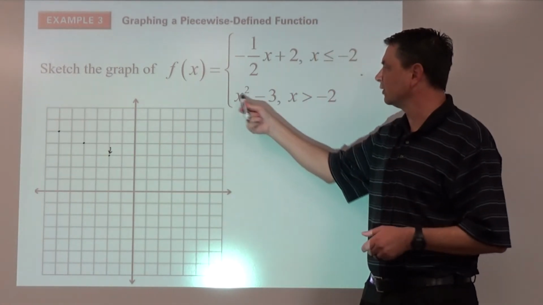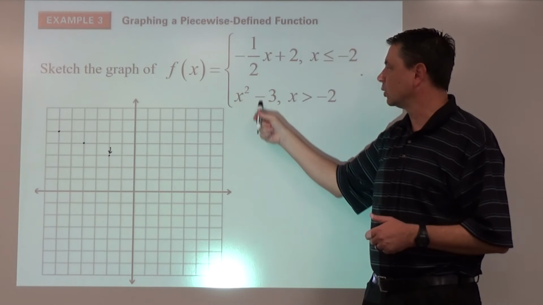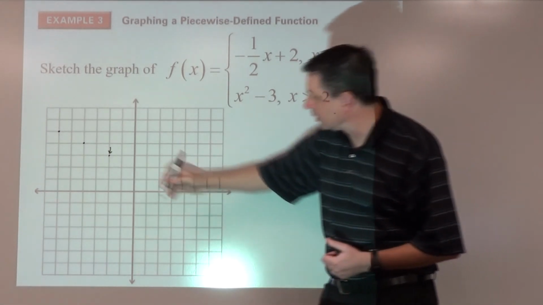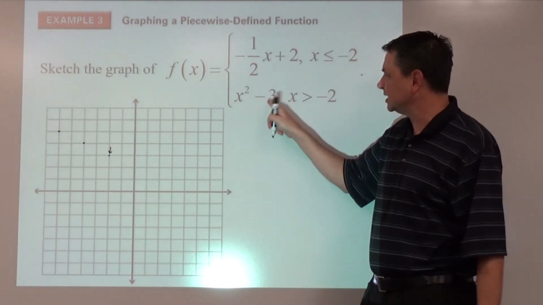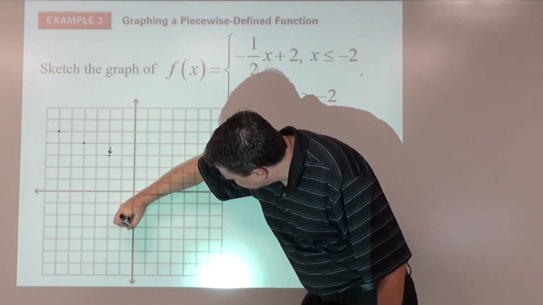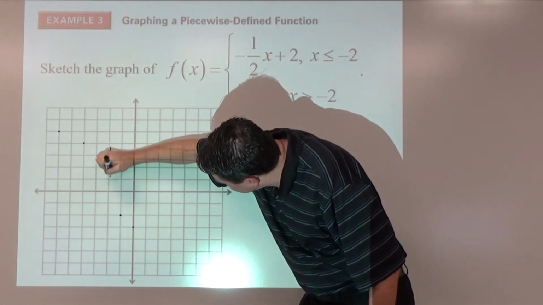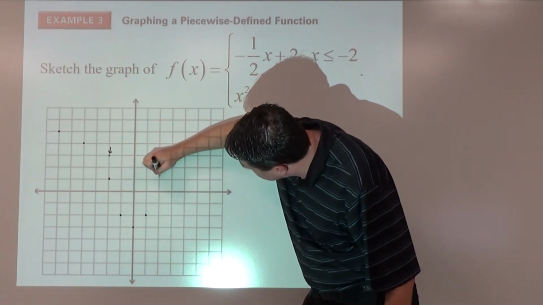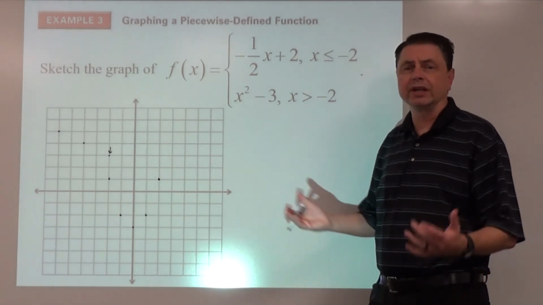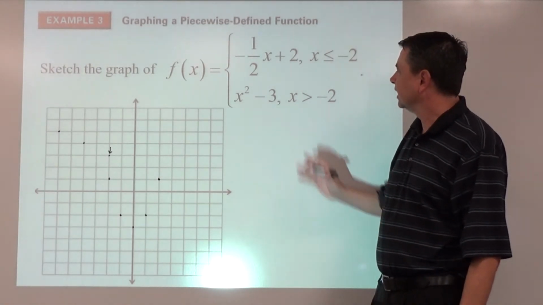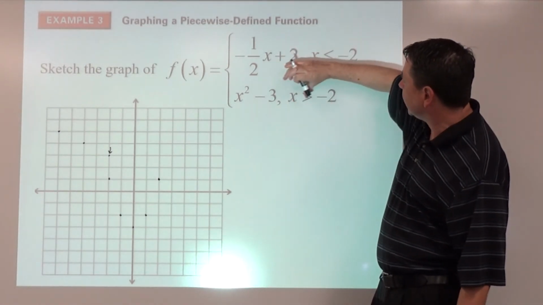And then over here, we've got a parabola, x squared minus 3, standard parabola, which would usually have a vertex at the origin, but shifted down 3. As you should have a lot of experience already graphing parabolas, and then we want that parabola for x greater than -2.